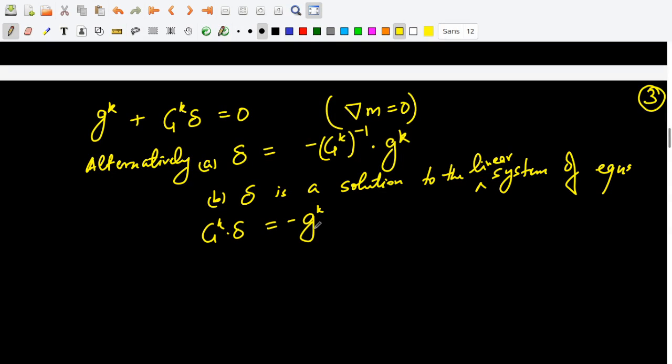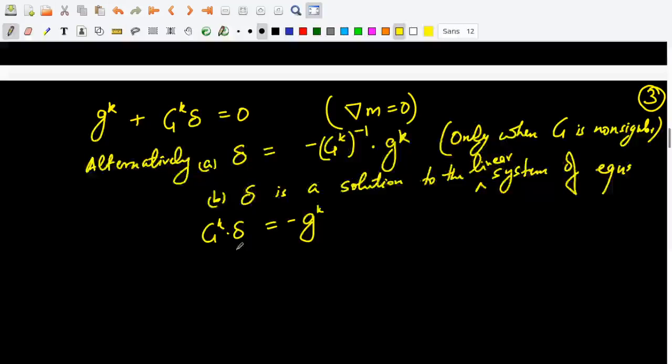So this alternative way of writing things is possible only when G is non-singular. That means G has a non-zero determinant, and I can evaluate the inverse of G. It may so happen that the Hessian is singular, and then you can't really say that delta is like what we have written.